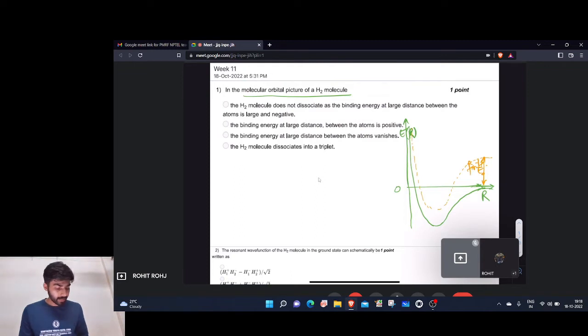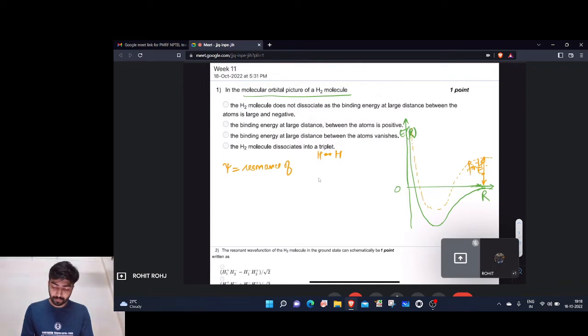The reason is that one can write the wave function for a hydrogen molecule as a resonance of several structures. Let's say I depicted this, which has one electron on each atom, and all these electrons are part of this bond.